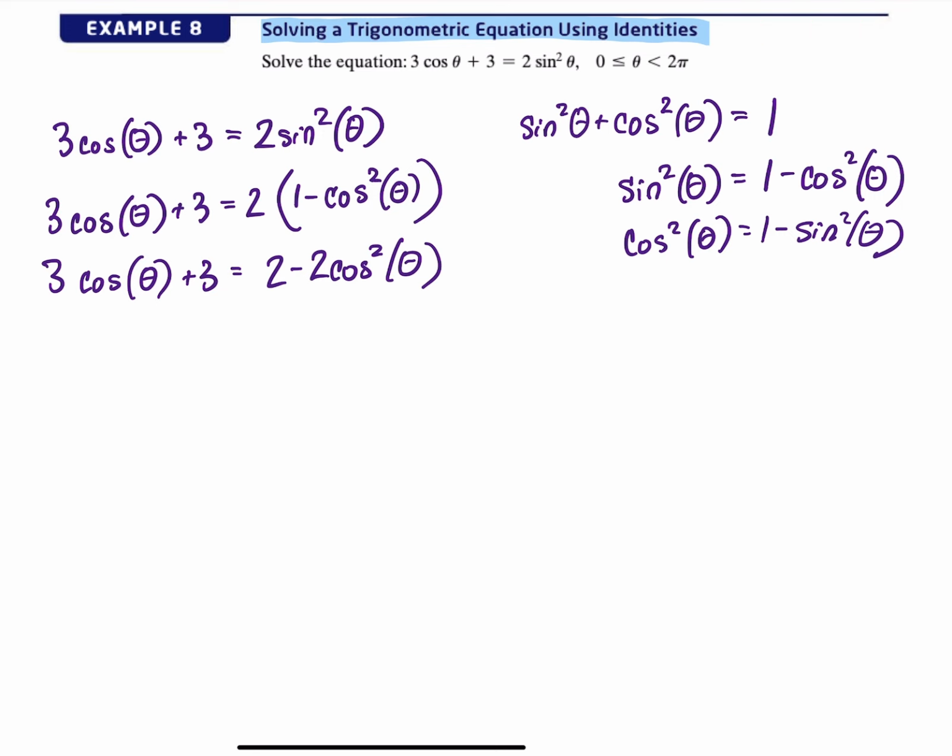So I'm going to put that in front. It'll appear as positive 2 cosine squared theta. We have the plus 3 cosine theta. And then I'll subtract that 2 over, so we should get plus 1 at the end. And it will now be equal to 0.